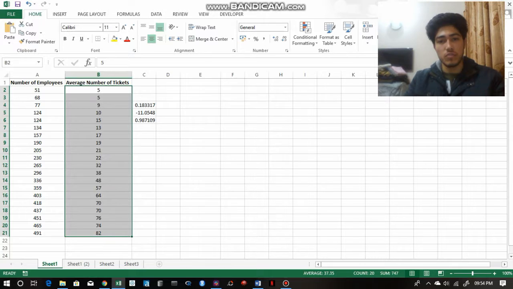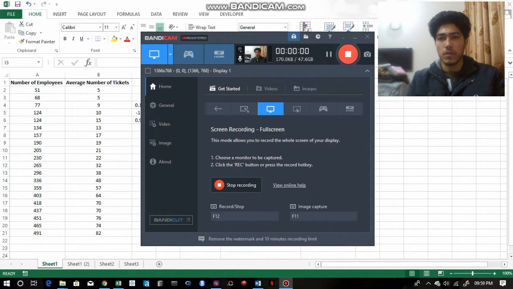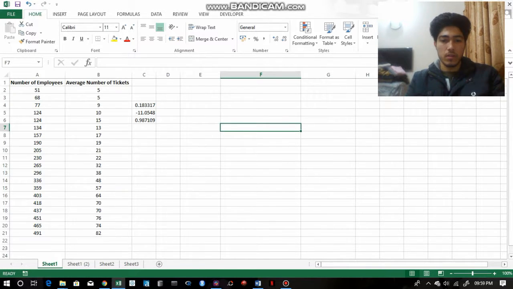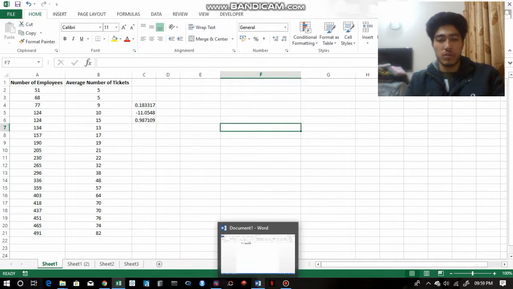So 18 values out of 21 records are explaining the relationship, and the value of r squared lies between 0 and 1.